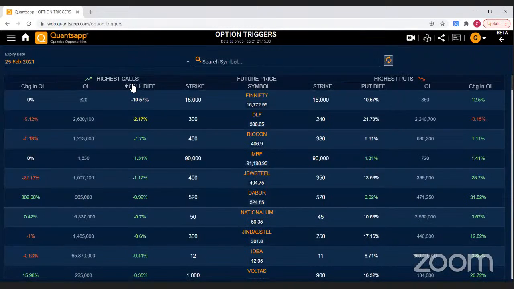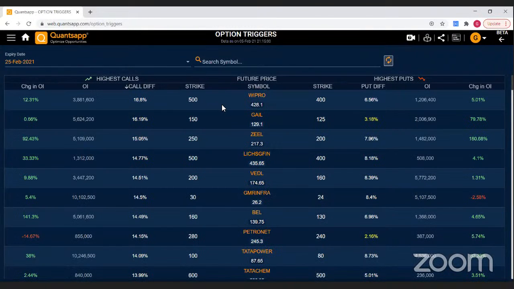Let's say Wipro. Wipro right now is trading at 428, and the highest call is at the 500 level. That's a very far level. It tells me that the difference between the highest call and Wipro is almost 16%, so the highest call is almost 17% far away from the future price of that particular symbol.